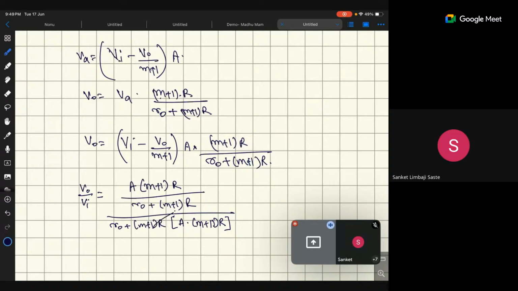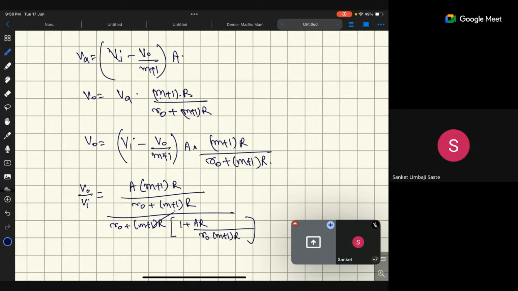M plus 1 R into 1 plus AR. M plus 1 and M plus 1 will cancel out.